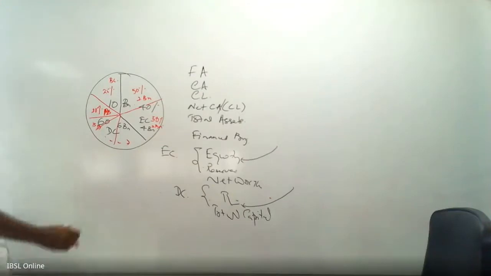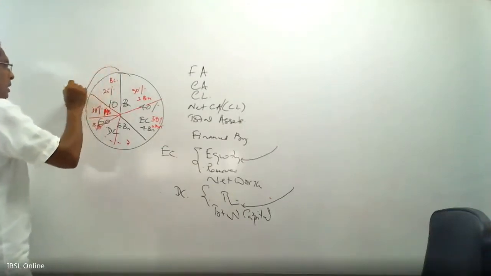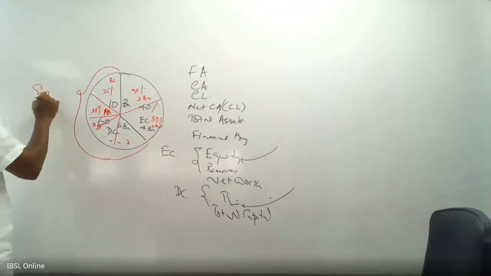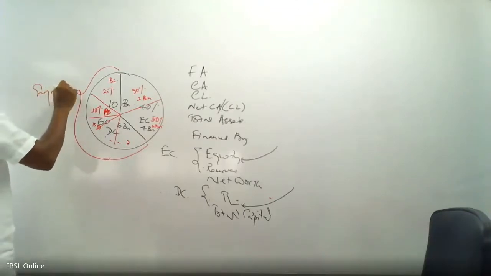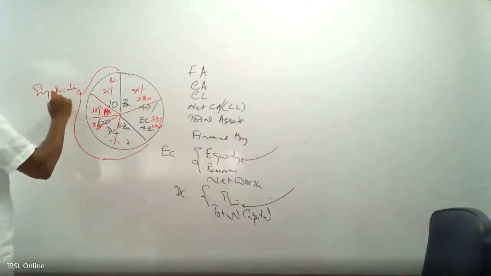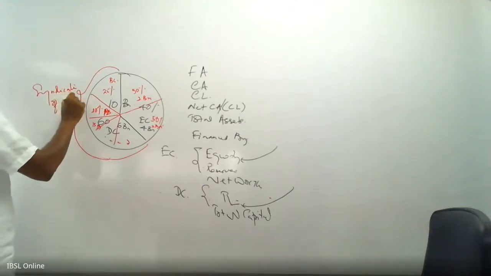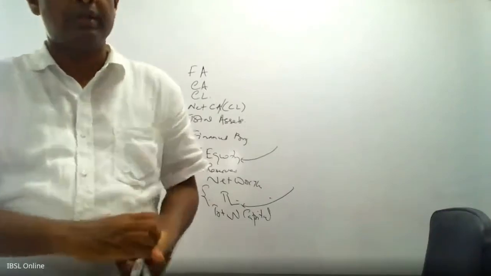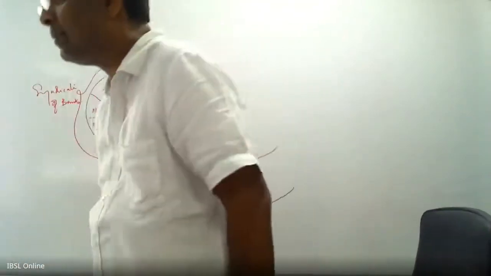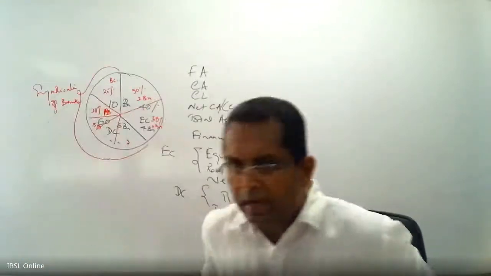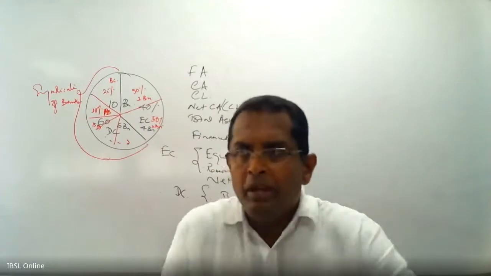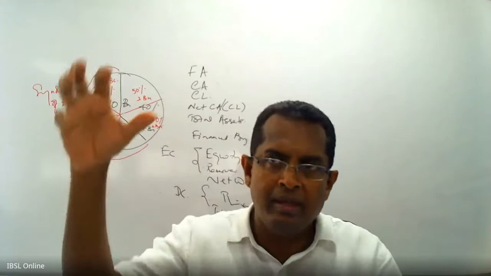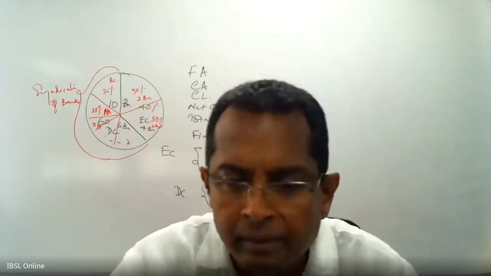This number of banks is called a syndicate, a syndicate of banks. We call this kind of loans syndicate loans. In the future, we will discuss what a syndicate loan is, right? Several banks coming together to finance one project is called a syndicate of banks.